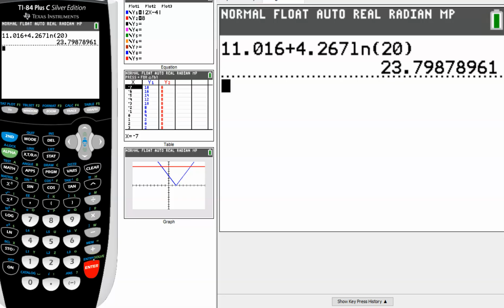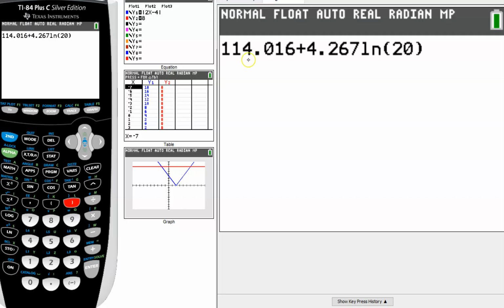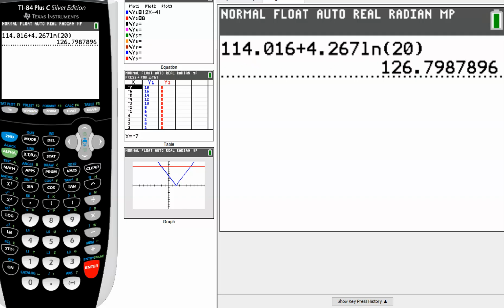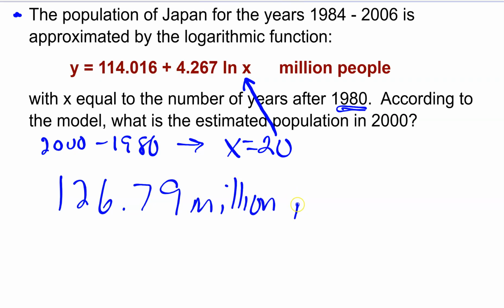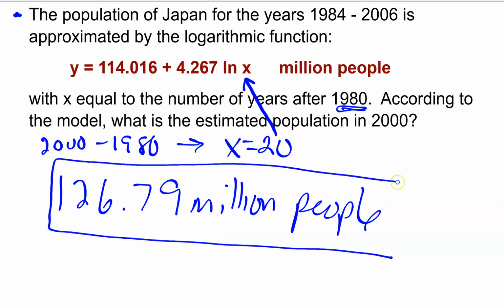Mine didn't have the 4 here, so I just redid it. And I would get 126.79. You could keep going because this is in millions if you wanted to, but I think we're going to end it at 126.79 million people would be my final answer there.